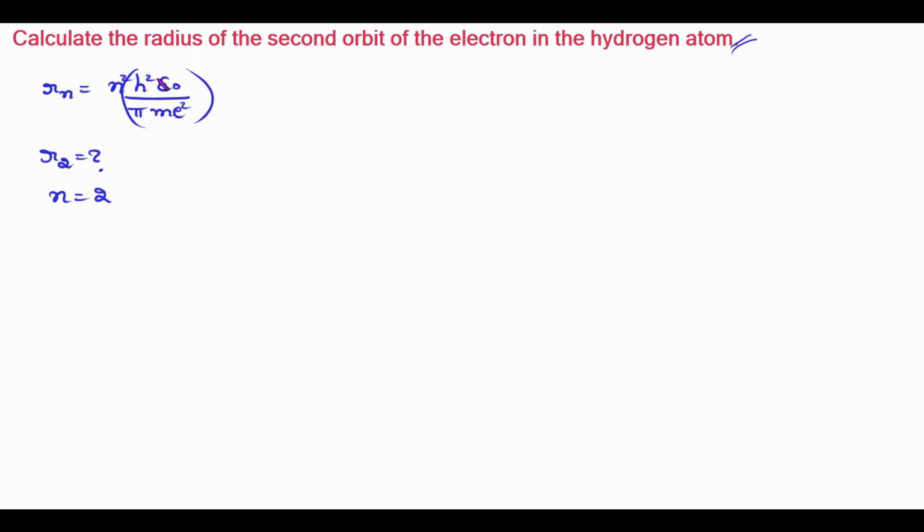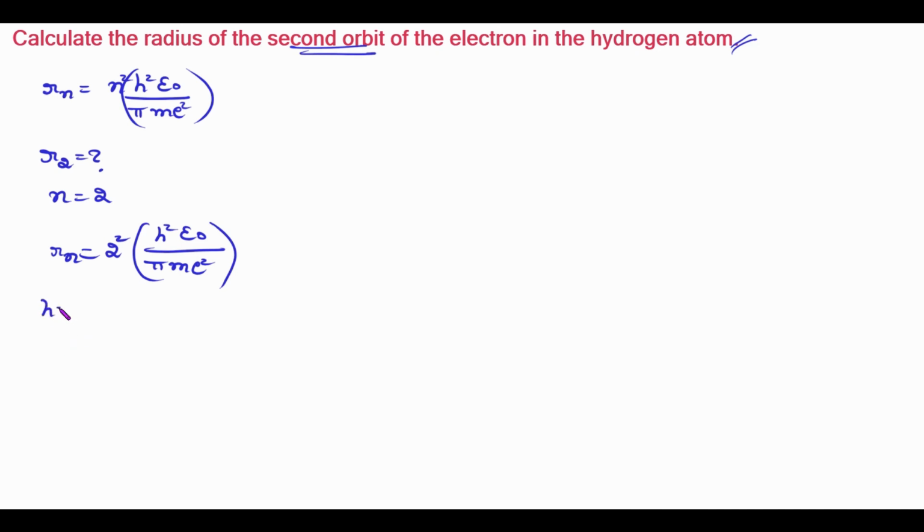So if we substitute its value, we get the radius of the second orbit. So here Rn is equal to, the value of n is 2 square into h square epsilon naught divided by pi m e square. For the terms in this formula, you must know all the values.